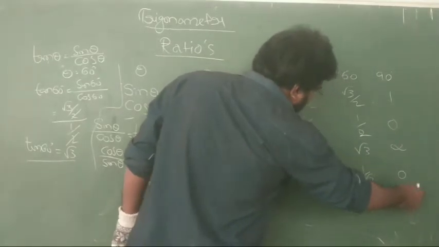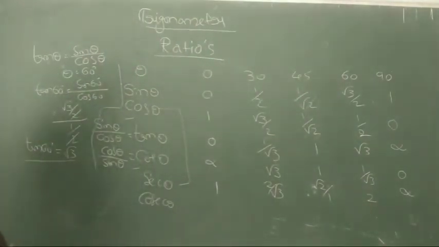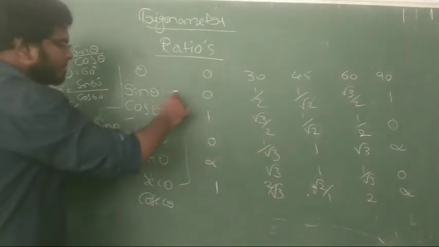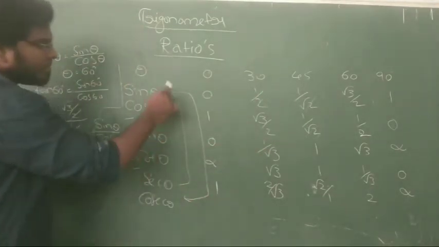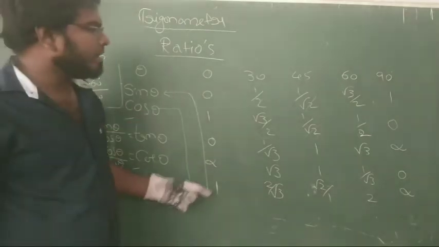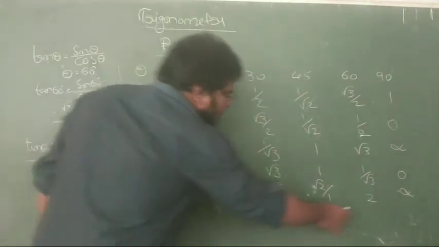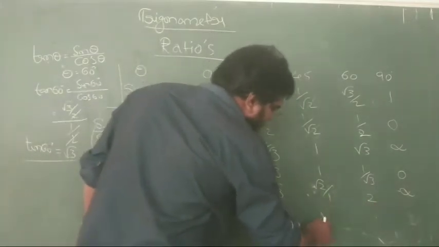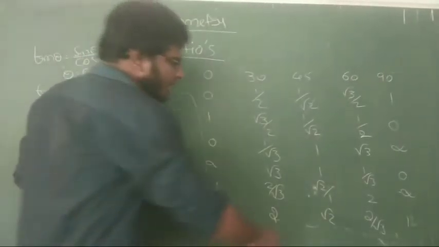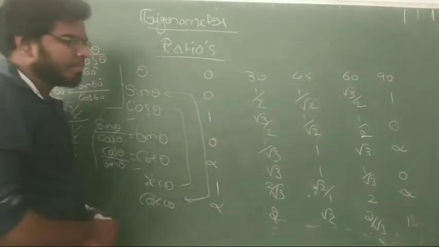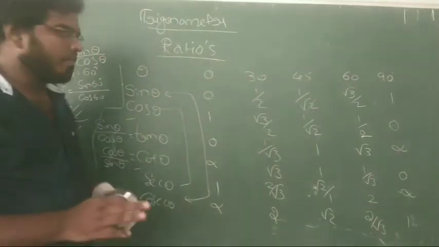Something by 0 is undefined. And here, reciprocal it or reverse the process. Undefined, 2, root 2, root 2, and 2 by root 3, the last value is 1. This is the table, right?